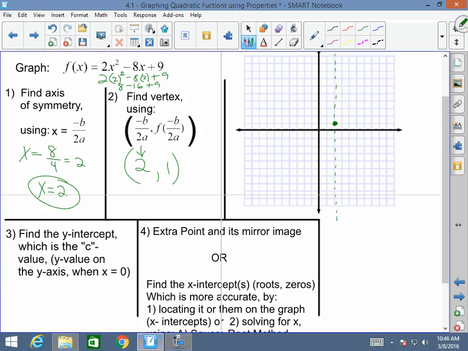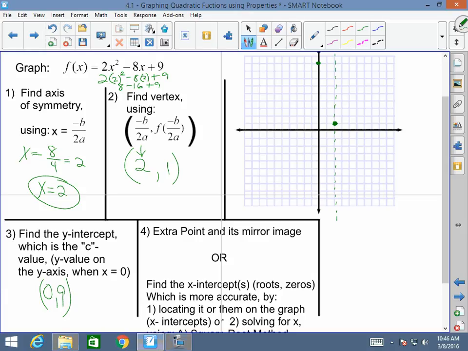Step 3, my y-intercept. My y-intercept is the c value here. So what's my y-intercept here in this case? (0, 9). Very good. So that's right here. Now, do you guys remember the axis of symmetry, how it's symmetrical? That means that it cuts it in perfect halves, correct? That means if you fold it over, every point will match itself, correct?